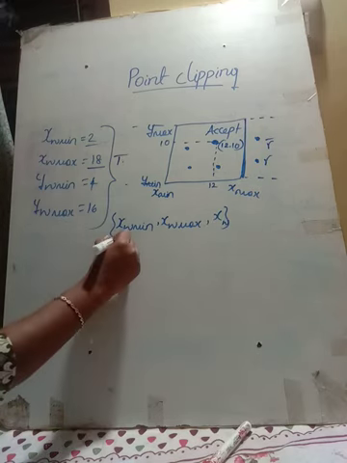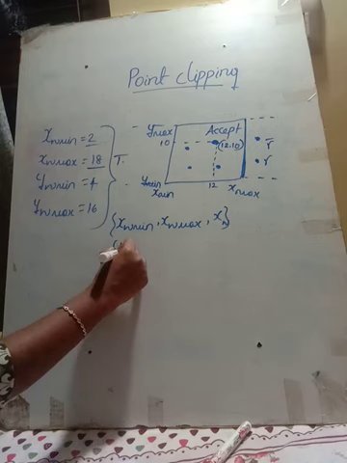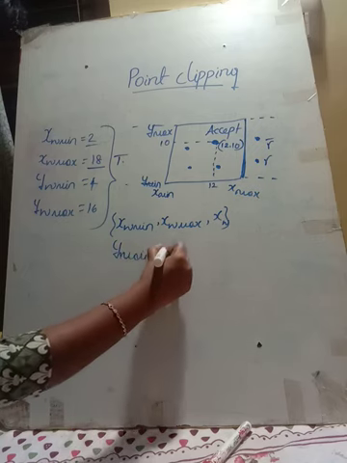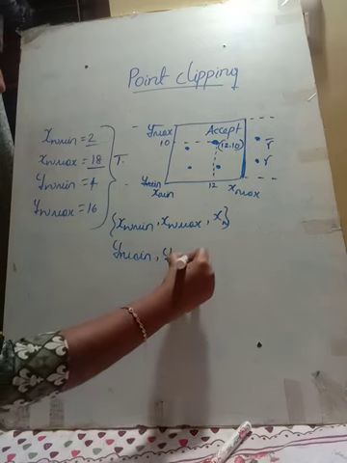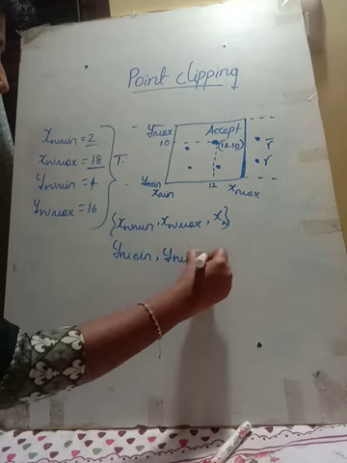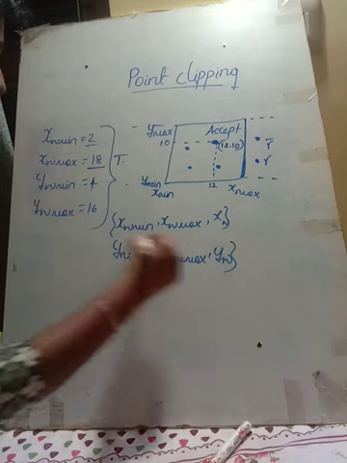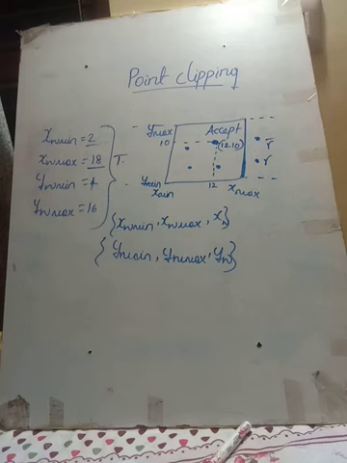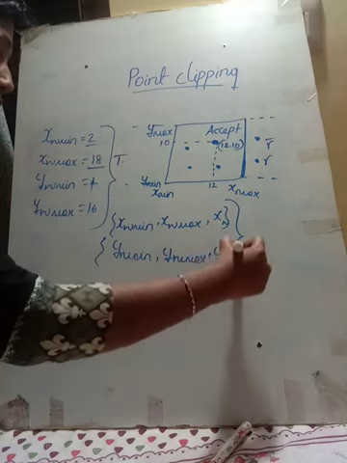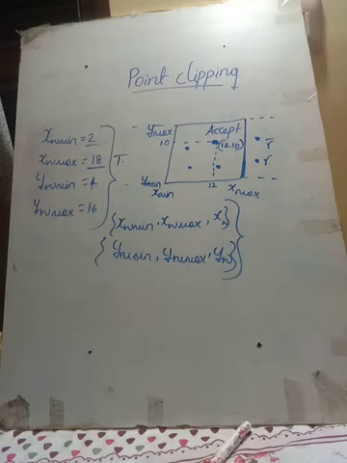Then one more set of values is yw min, yw max, yw. This will be the second set of coordinate values. So these are the sets of coordinate values to check the condition whether to keep that point or reject that point. This almost completes the clipping concept.